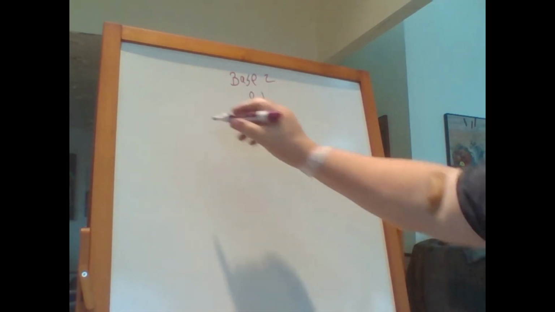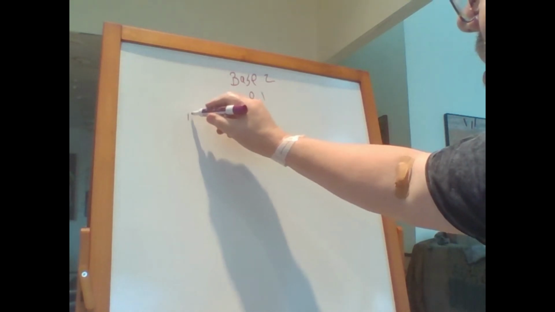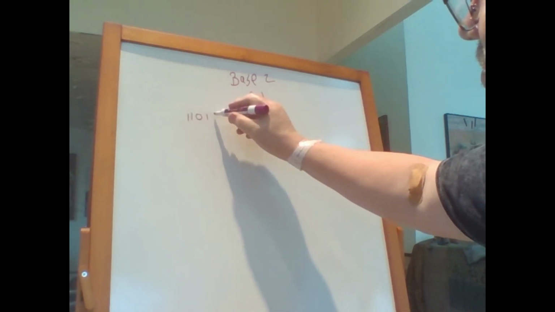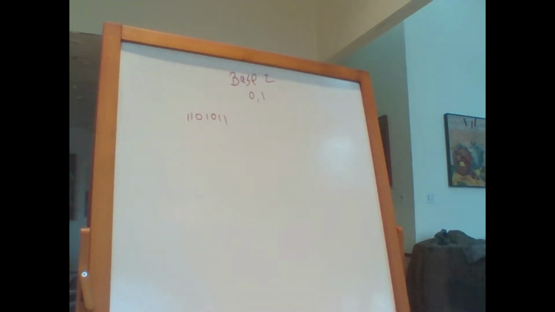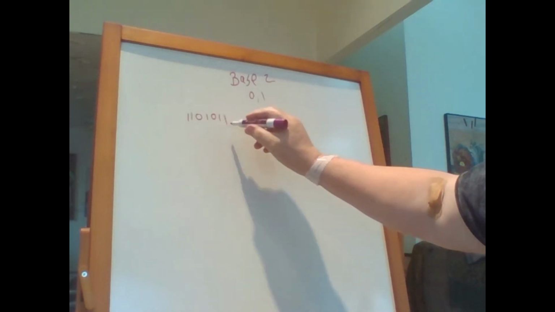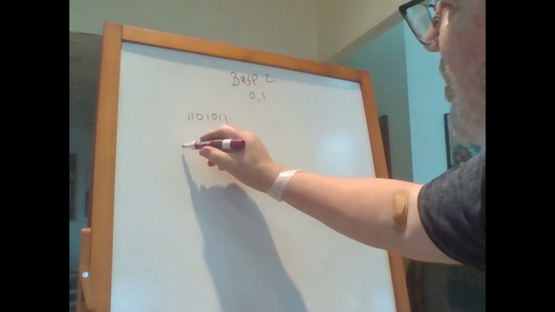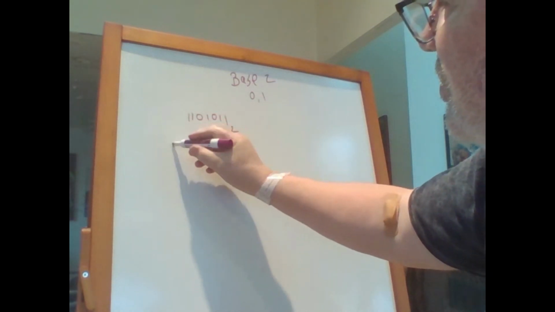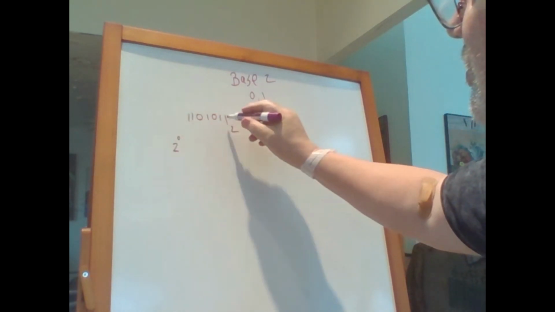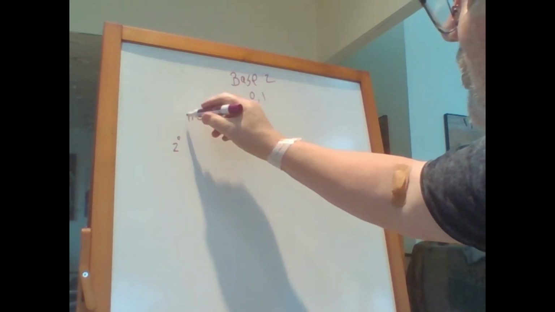So if we have a number like 1010110 base 2, what is that equivalent to in base 10?